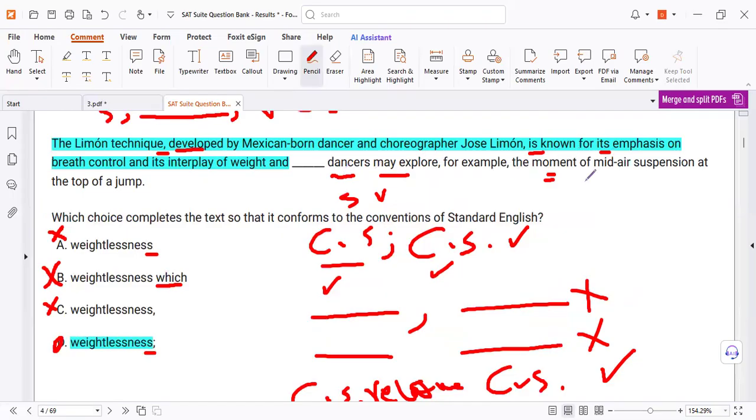Dancers may explore the moment of mid-air suspension at the top of the jump. You feel it? So after the semicolon, there must be additional information to describe. So grammatically correct: grammar, structure, content correct. We check everything. That's all.